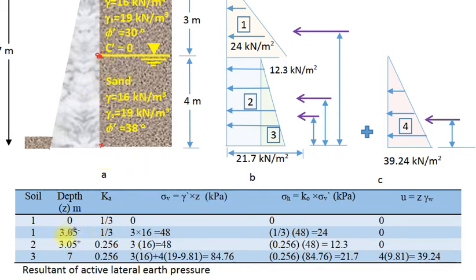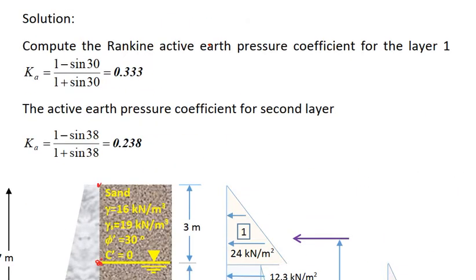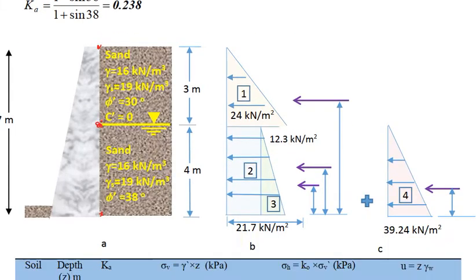For the point 5 centimeters above, in this layer, K active can be computed based on Rankine's theory: 1 minus sine 30 over 1 plus sine 30 gives 0.333, or 1 over 3.